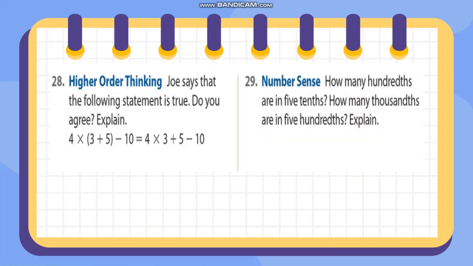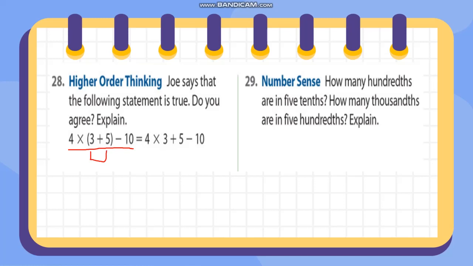Next, number 28. Joey says that the following statement is true. Do you agree? So let's find out. So 4 multiplied by (3 plus 5) minus 10 is equivalent to 4 multiplied by 3 plus 5 minus 10. So let's evaluate first this one. Following the order of operations, we need to add first because the addition is inside the parentheses.